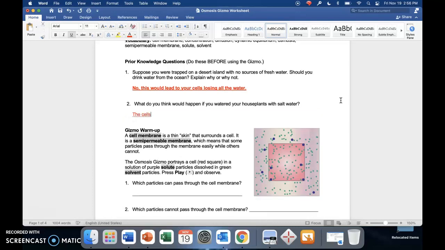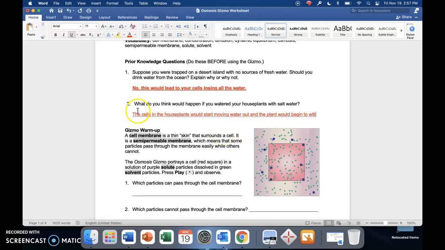The cells in the house plants would start moving water out, and the plant would begin to wilt. So this would be harmful to the plant to water them with salt water. Actually, if you do this very much, the plant will die rather quickly.